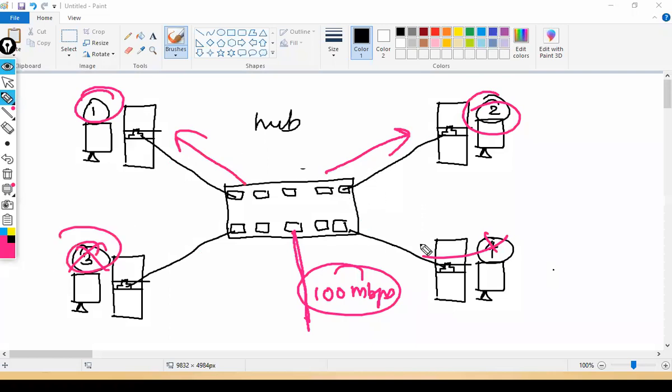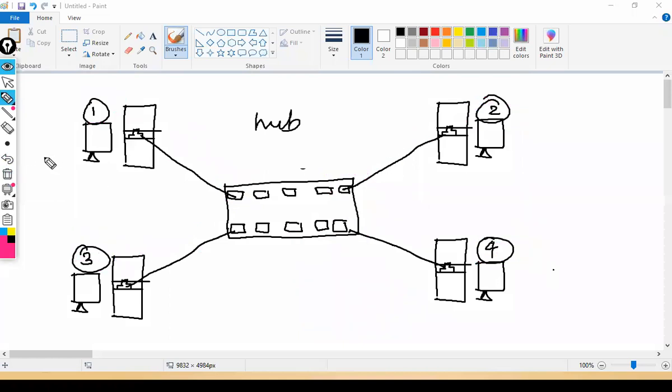If you have four machines, it will be shared into four. So bandwidth sharing will take place. Or you can say the hub doesn't have a specific bandwidth in its interfaces. The bandwidth will be shared among all the interfaces. Clear, guys? That is another property of the hub.